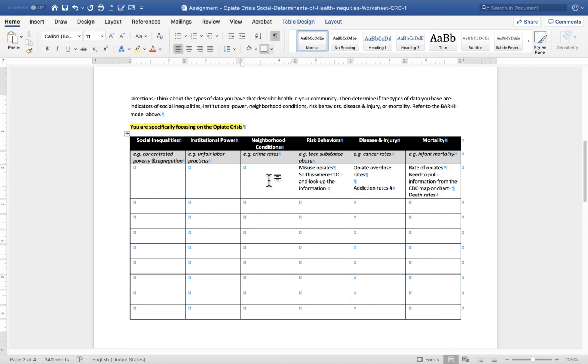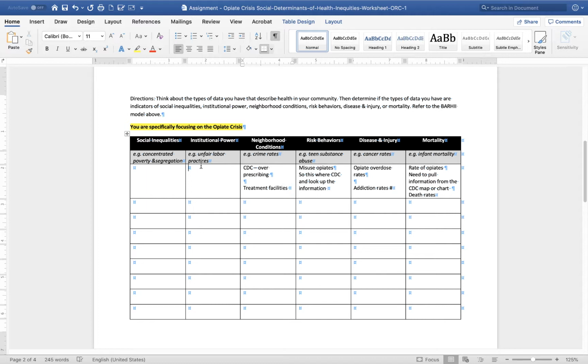Neighborhood conditions. This is where you can look at the CDC again to see where people are overprescribing. Let's say you're in West Virginia, and your doctor's prescribing them like M&Ms. Take a look at that. Or maybe you don't have treatment, maybe you don't have free treatment facilities, or it's not covered by your insurance.